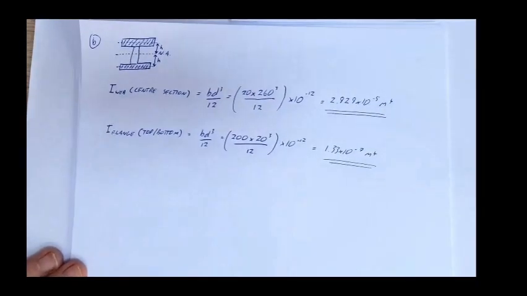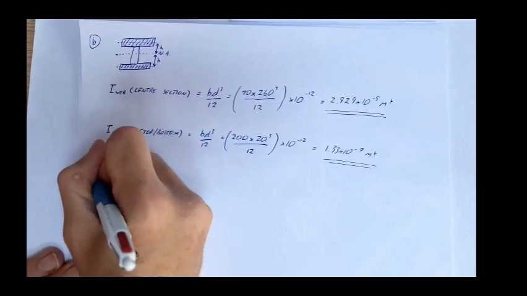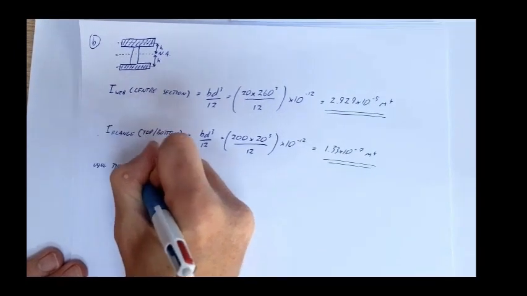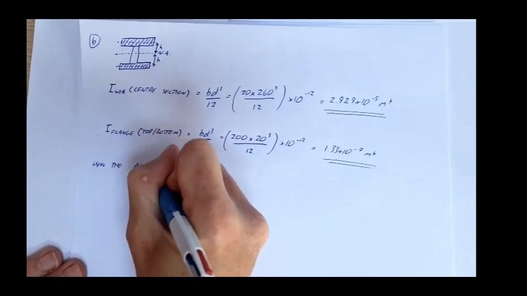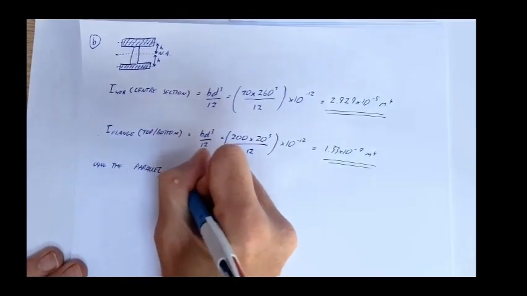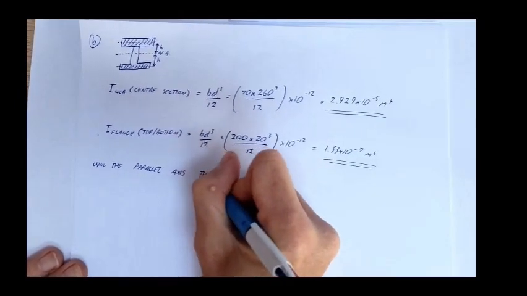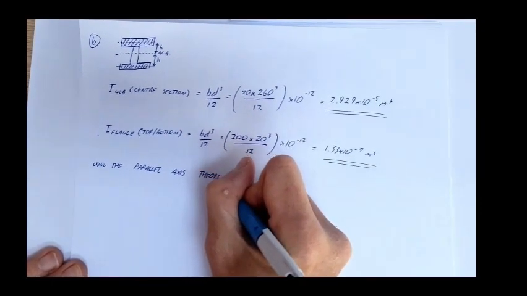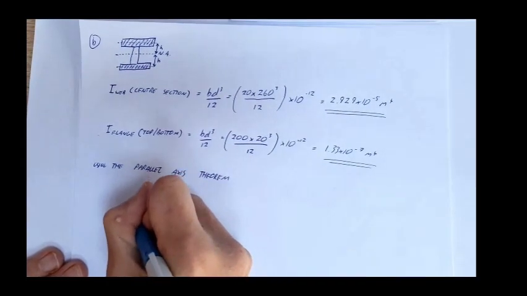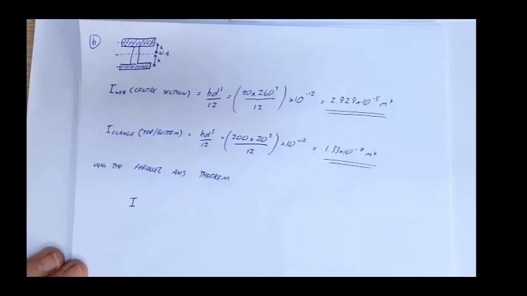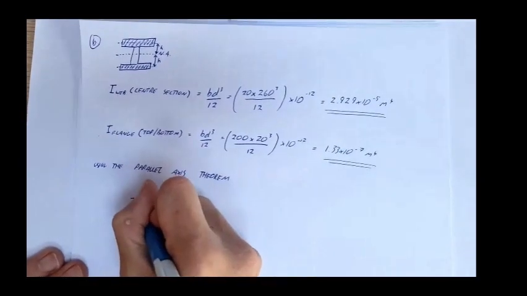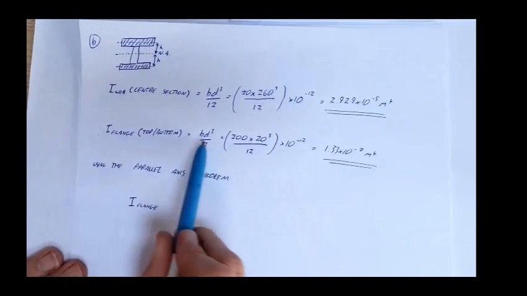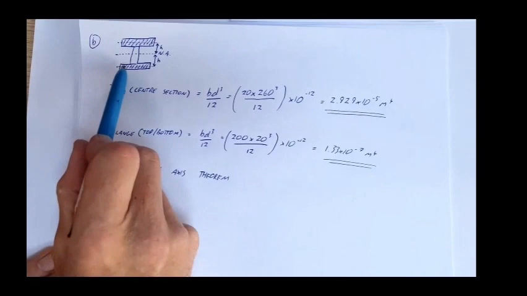Okay, now we're going to have to use the parallel axis theorem. So using the parallel axis theorem for one of the flanges. Before, we calculated the second moment of area around the flange's local neutral axis.